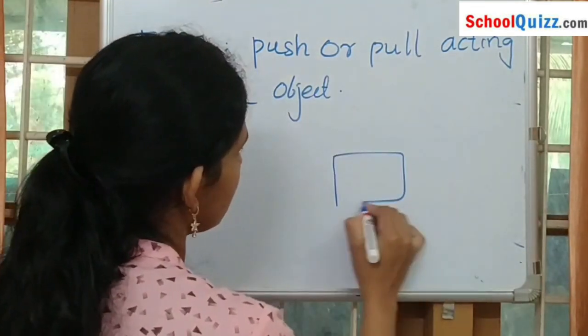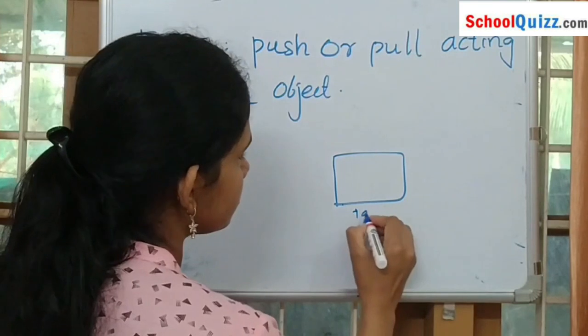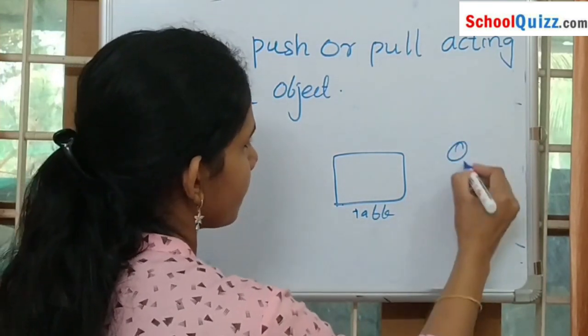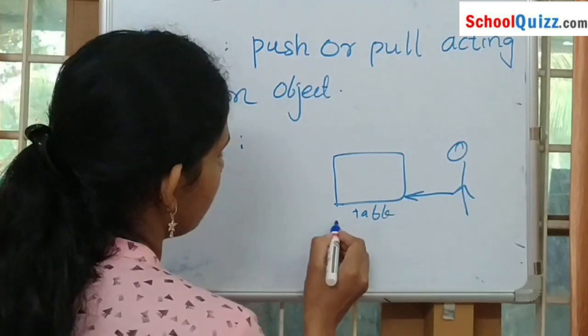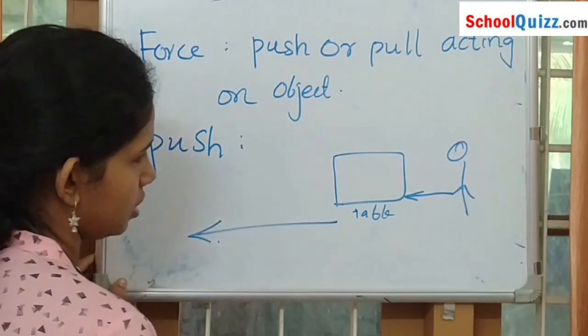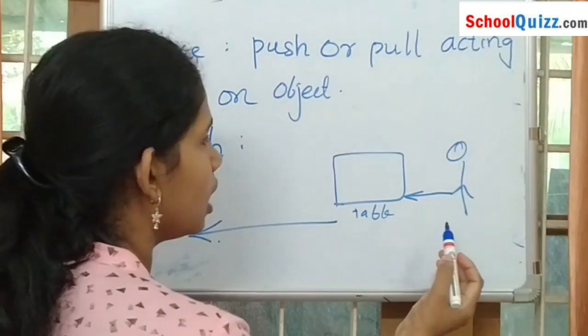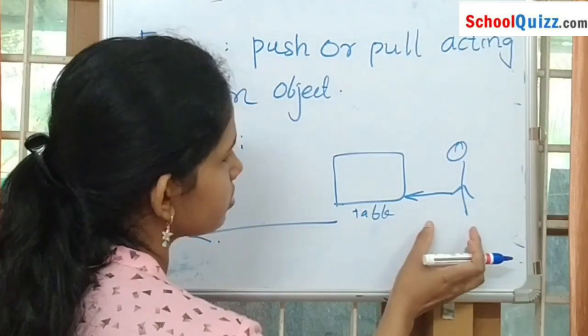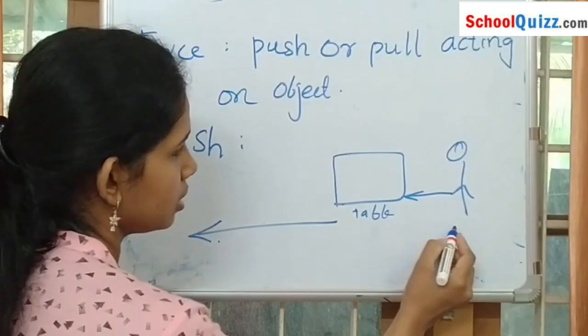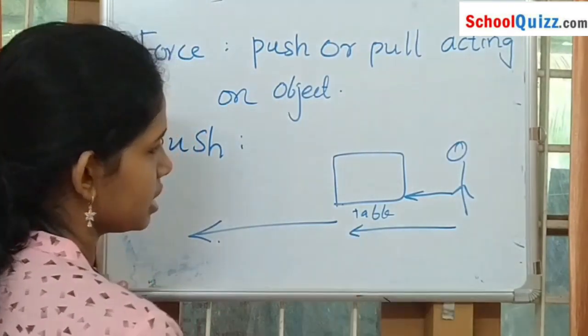If a man pushes the table, this table will move forward. That means this table moves away from this man. Understood? This table will move away from this man.